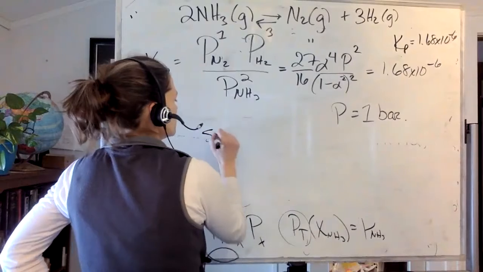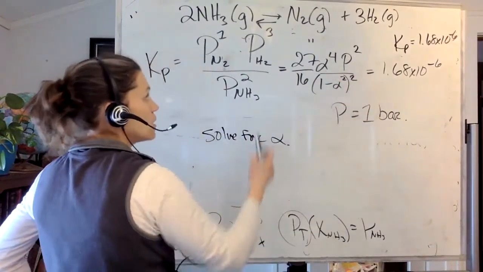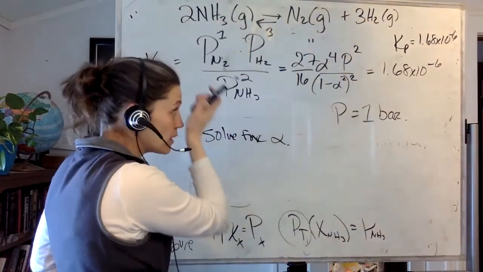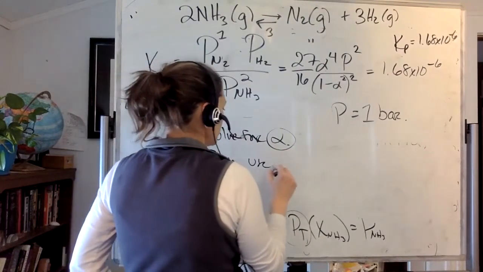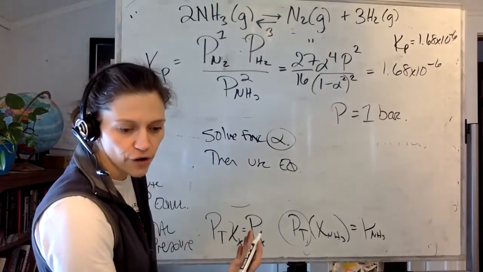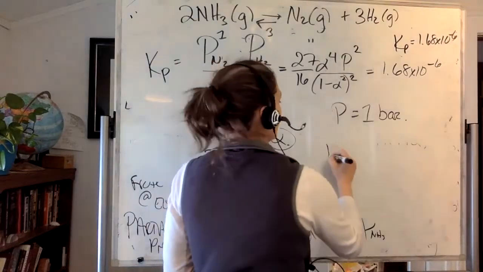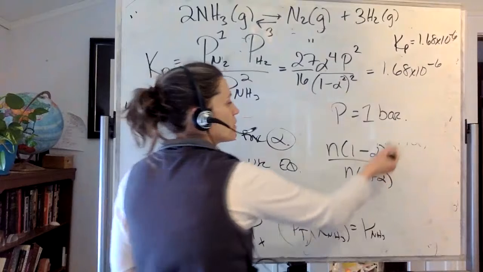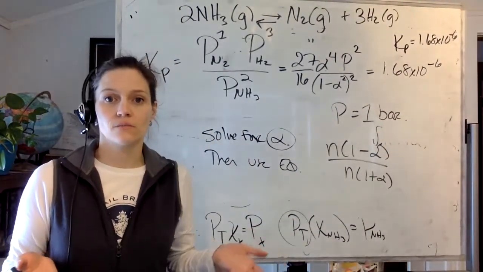So you'd solve for alpha, because notice how there are no N's of N2, H2, or NH3, or the total, or the vapor pressures of each one. It's all in terms of alpha. So you solve for alpha, and then use the equilibrium values. For the mole fraction of NH3, you'd have N(1 minus alpha) divided by N(1 plus alpha). So whatever your alpha value is, you would then put that in, and from that you would be able to determine what your NH3 is.